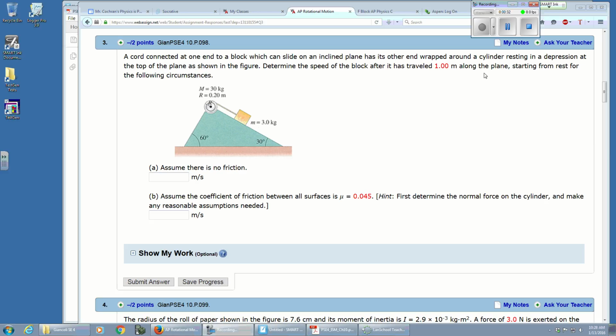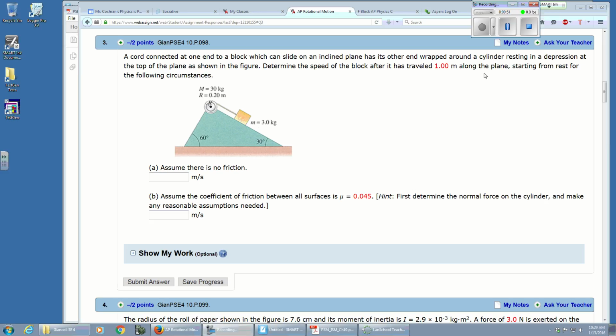case. Because with no friction, and I'm assuming no resistive torque on the cylinder, we have no non-conservative forces. So all of our energy stays as mechanical energy.